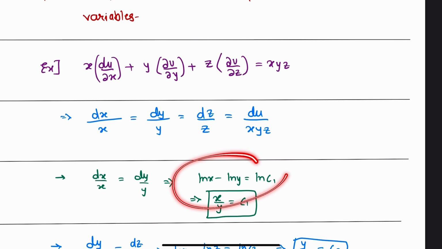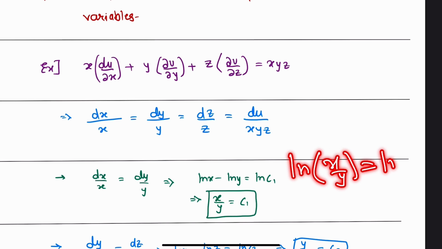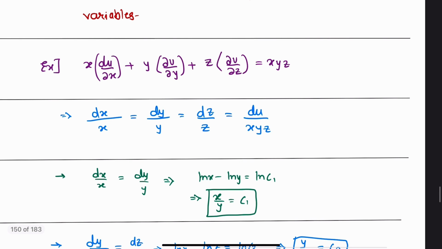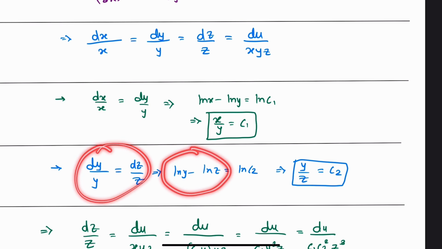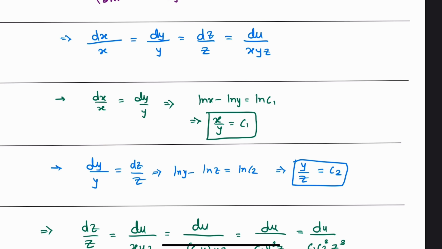We have done it multiple times. It is just that ln a minus ln b is ln a by b. So ln x by y equals ln c1, so x by y equals c1. Now if you take the ratio of these two, same process, integrate them, and we will get y by z equals c2.